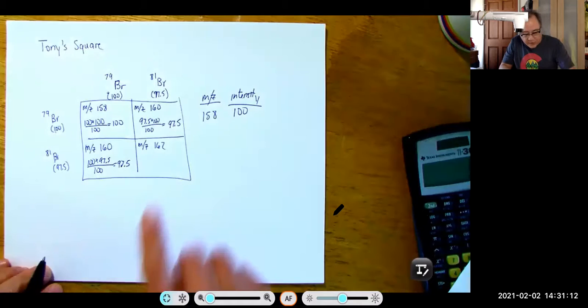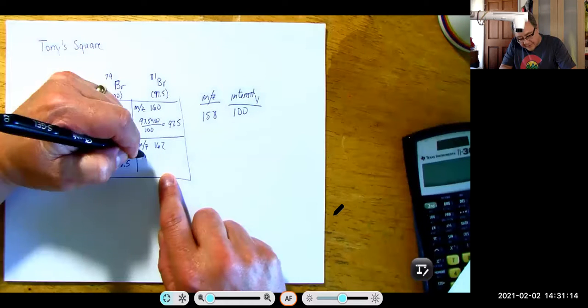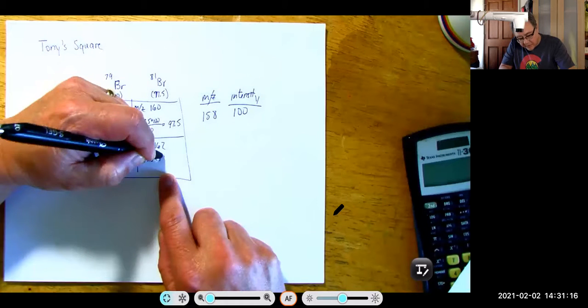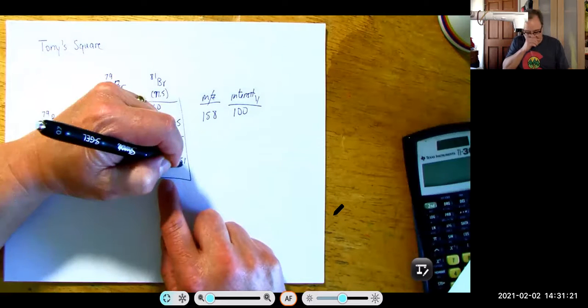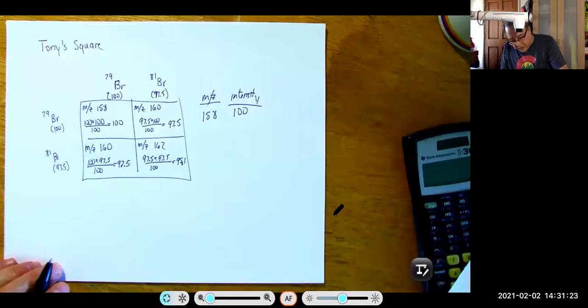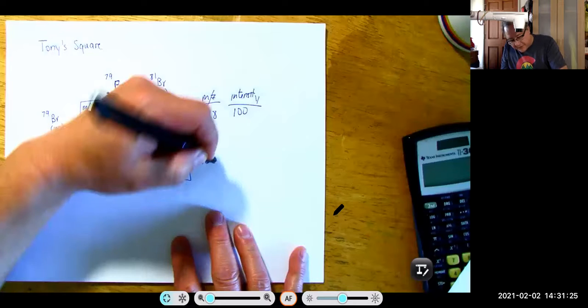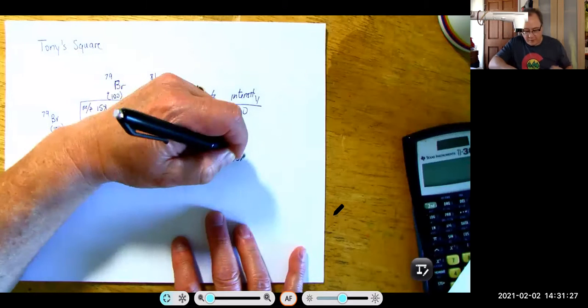And this last one, we're going to have 97.5 times 97.5 over 100, which gives us 95.1. So our mass to charge of 162 is going to have an intensity of 95.1.